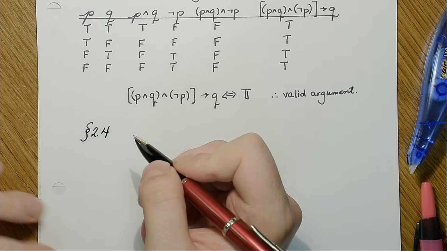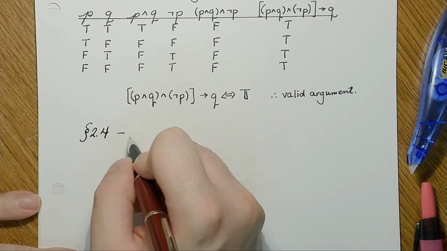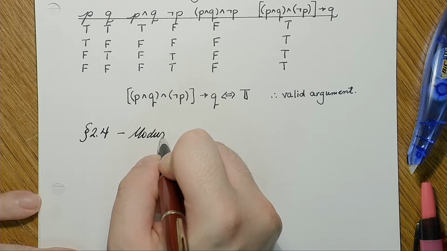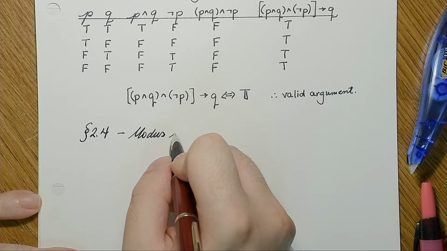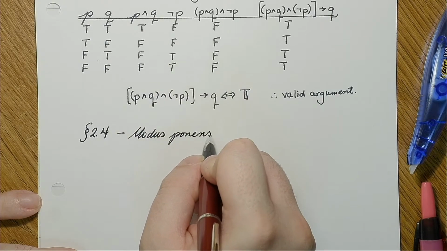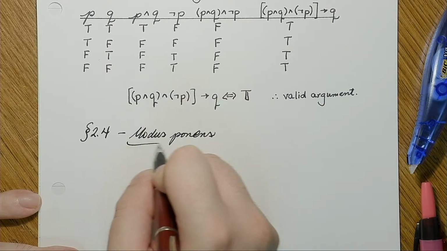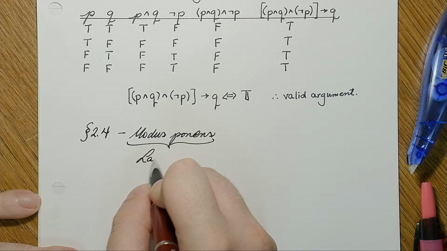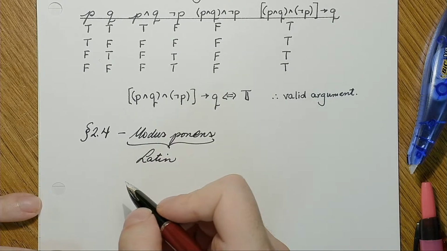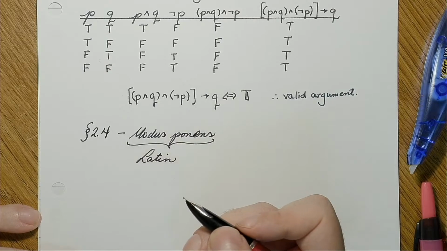So here's section 2.4. This is modus ponens. That's the Latin for the way that affirms by affirming.